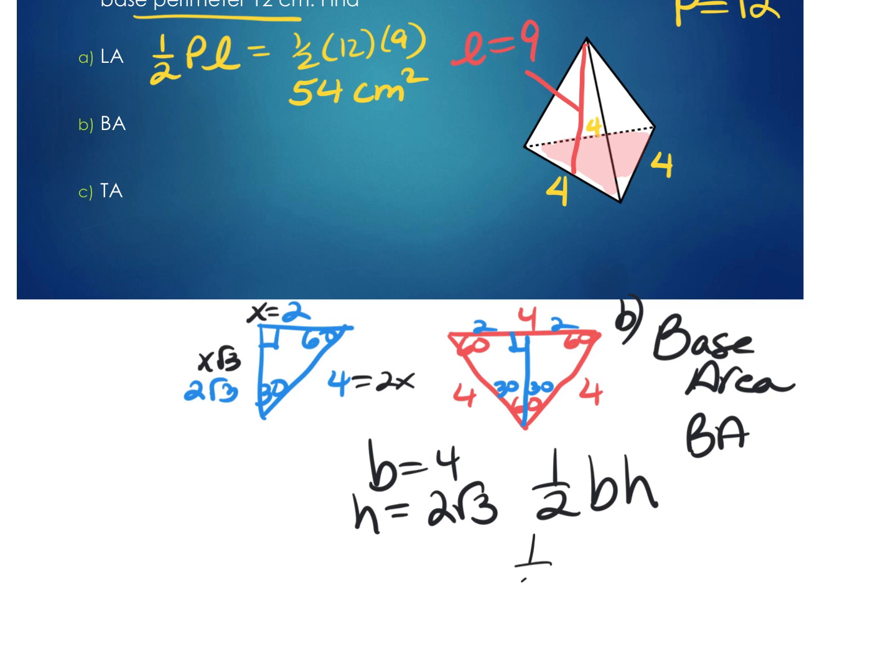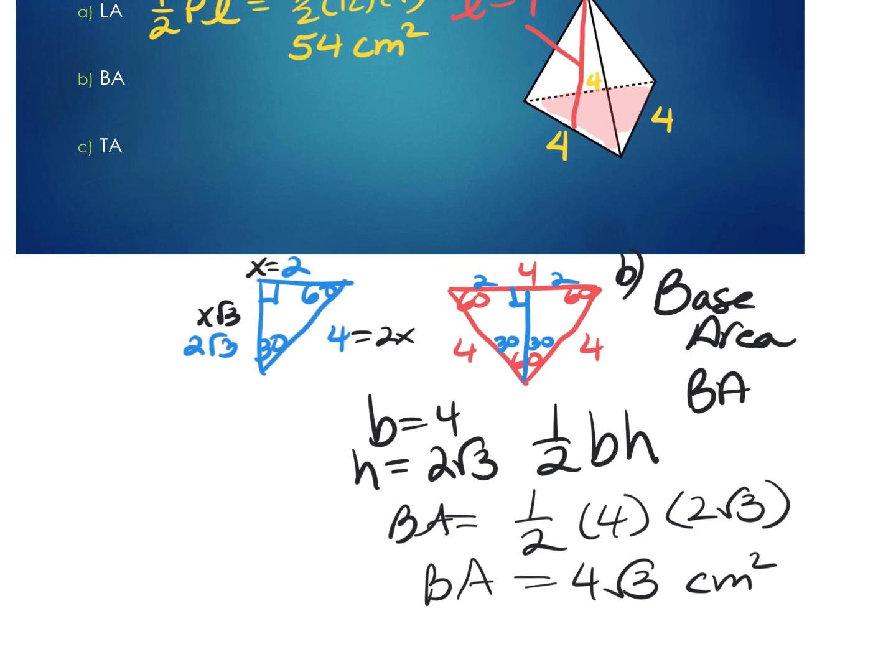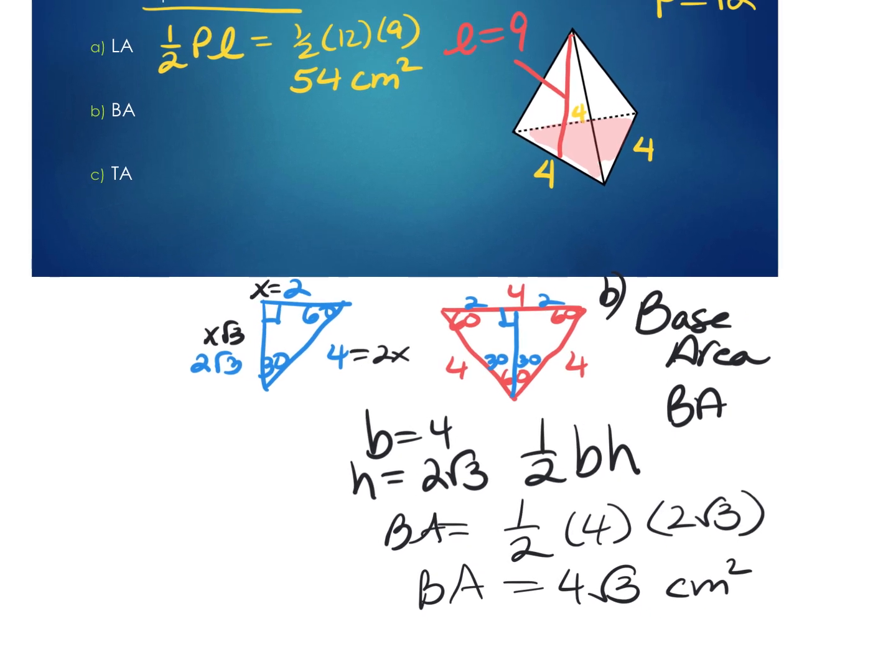So 1/2 times 4 times 2 square root 3 ends up giving me 4 square root 3. And these would be centimeters squared. So that is my base area.